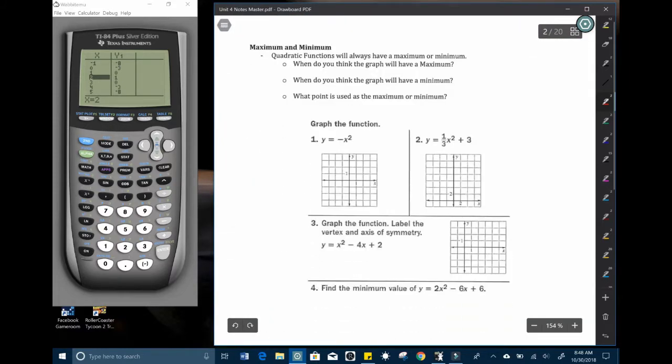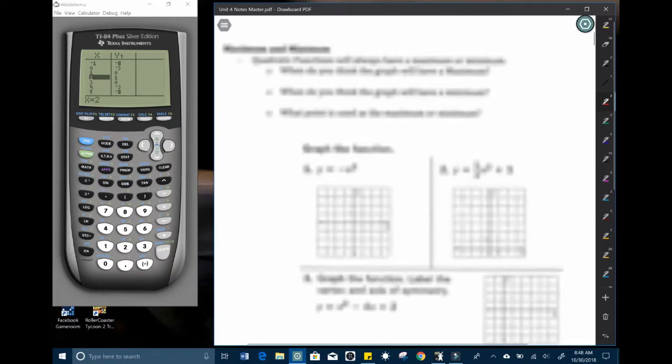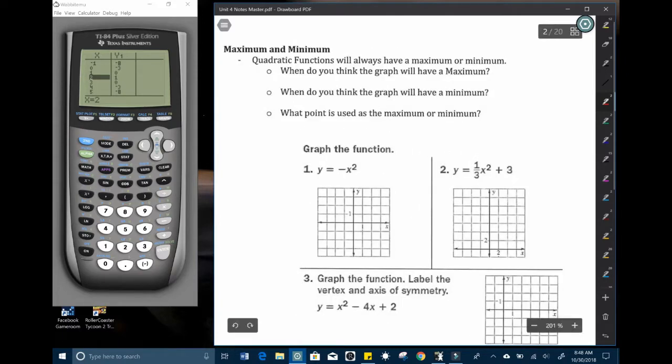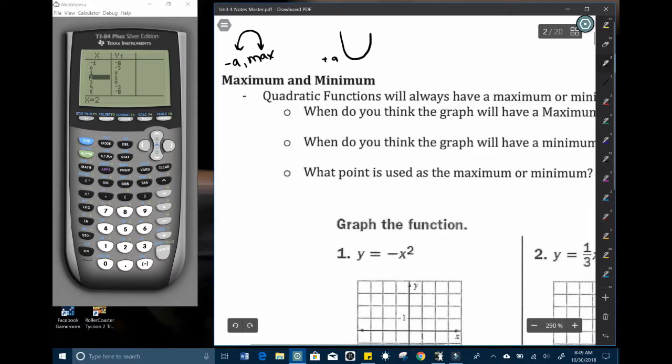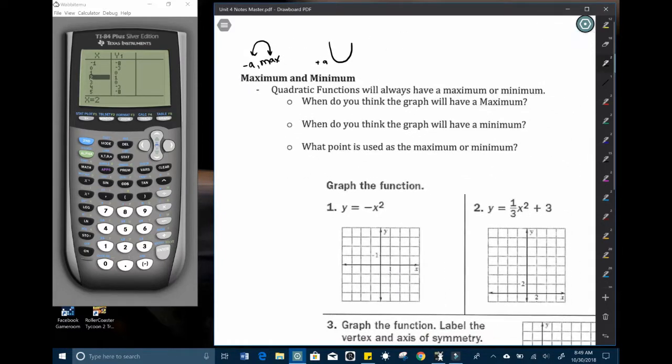Alrighty, maximum and minimum. There's going to be a maximum if the graph is opening downward. So for negative a, there's going to be a max because it's opening down. And for positive a, there's going to be a min because it's opening upwards. Maximum when it's opening down, minimum when it's opening up.